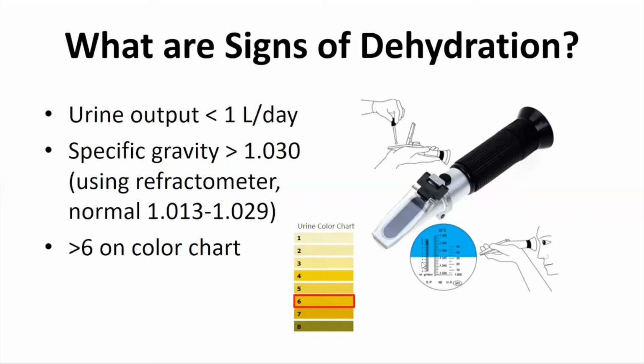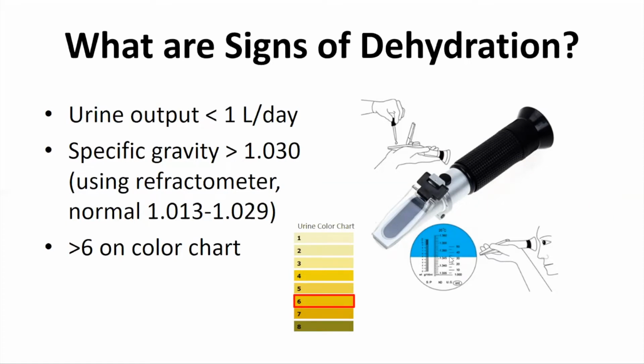And wherever this line appears, so it appears a colored and then a clear line, and this looks like it would be 1.0 between 0.3 and 0.4. So I'm looking between 0.3 and 0.4. So anything that is greater than a specific gravity of 1.03 would be deemed dehydrated.